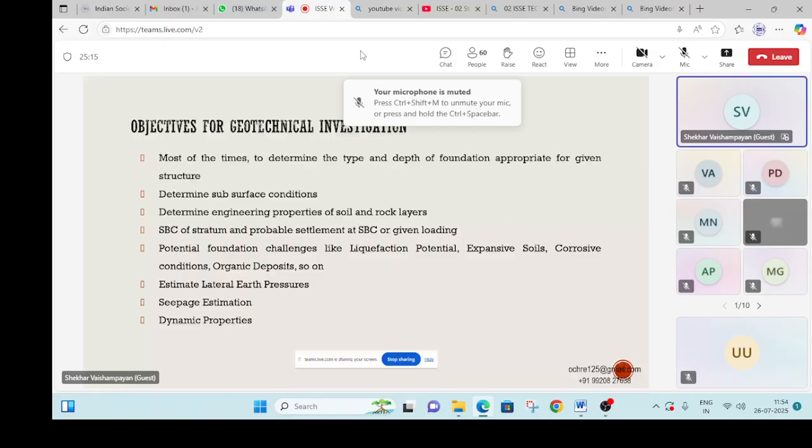In some very good cases, the rock may have a capacity of, let us say, 200 tons per square meter, or 2000 kilonewtons per square meter, but the structure itself is small, let us say a 10-story building, so the loading may not be that high. For a given loading, the settlement should be within the permissible limit. So the basic requirements are SBC and settlement criteria.